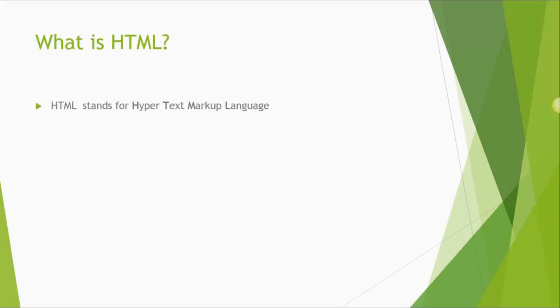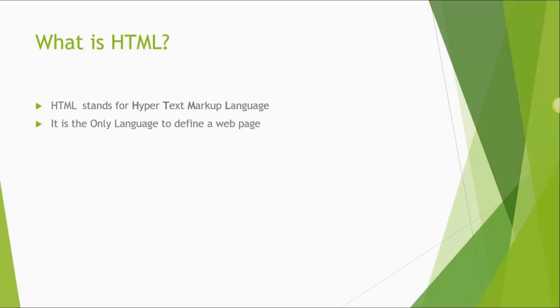HTML stands for Hypertext Markup Language. As it itself says, it's a markup language. A markup language is used to distinguish text using tags. Basically, it's the only language to define a web page.